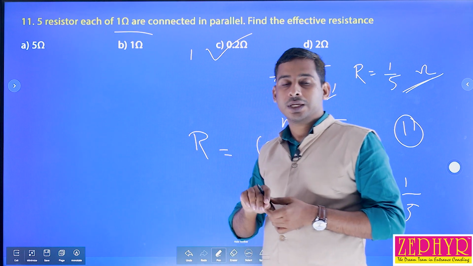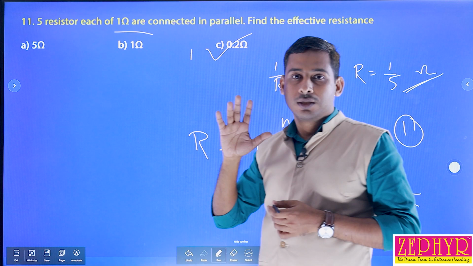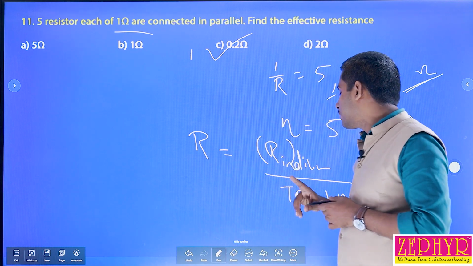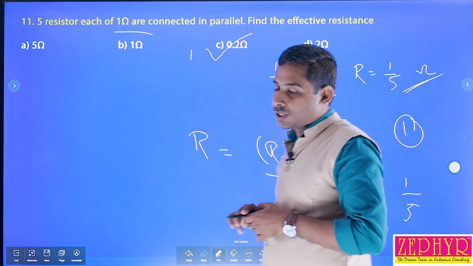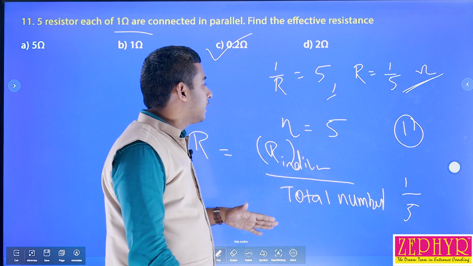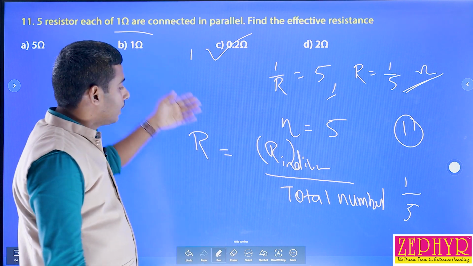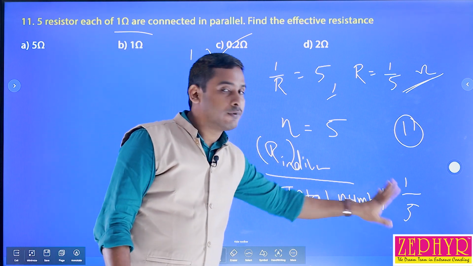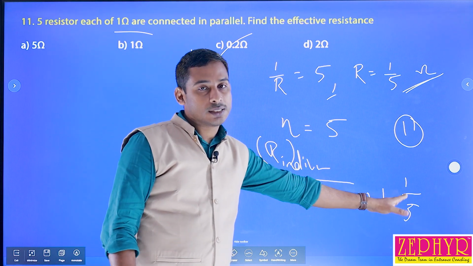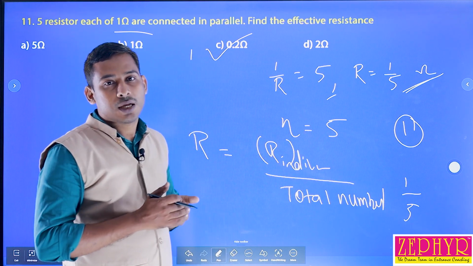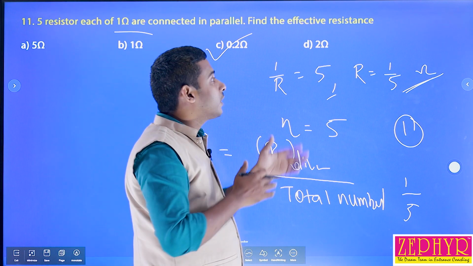So that's why I am saying if the value of resistance is the same or similar, you can use the given equation: the effective resistance equals whatever the value of individual resistance, in the question 1 ohm, divided by the given number. In the case of parallel resistance, the value will always come below whatever they say.